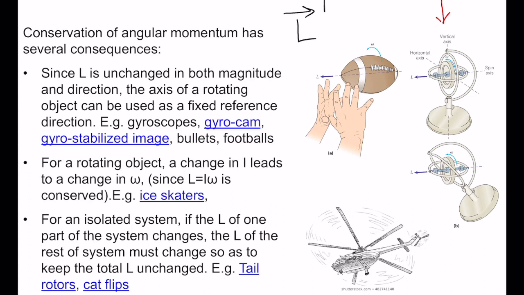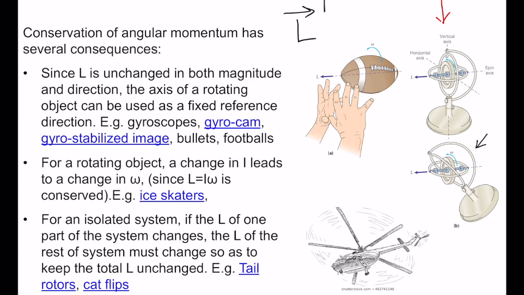So since the direction of the vector is conserved, this ring and the cylinder at the center of it will always, while it's spinning, want to point in the same direction, right? So that is very, very useful, because this ring and the central cylinder are gimbaled, and so the rest of the apparatus can rotate, but these can continue pointing in the same direction. So as you can see in this diagram over here.